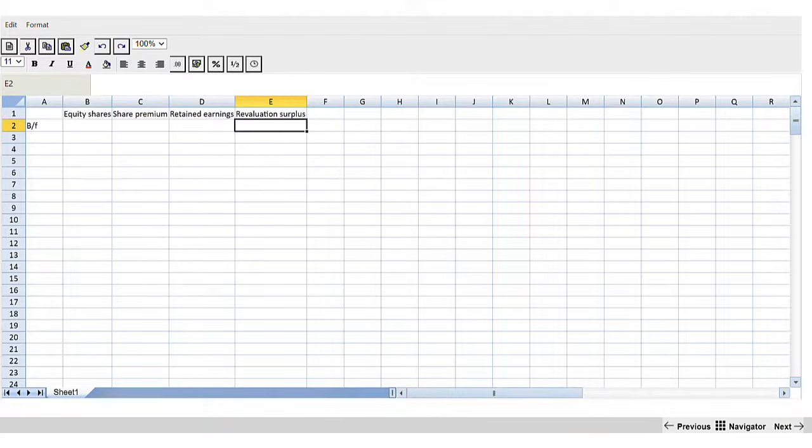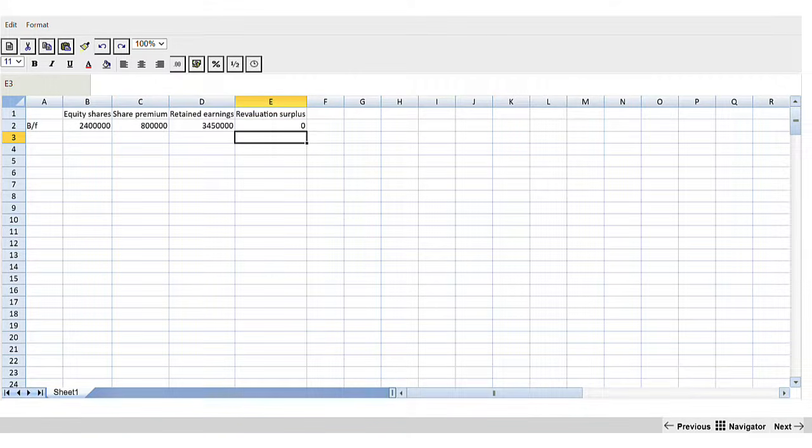So what do we have? On my equity shares, I have 2.4 million. On my share premium, I think I have 800,000. On my retained earnings, the figure is 3,450,000. And on my revaluation surplus, I have 0.